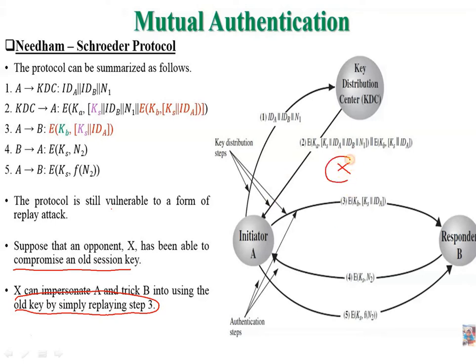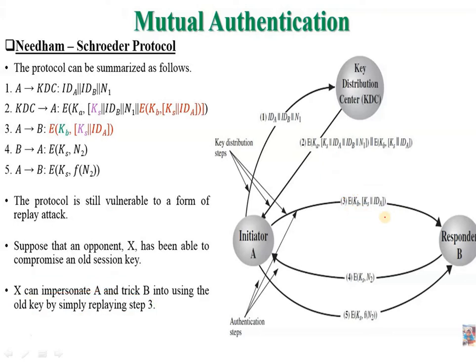When A wants to communicate with B, A sends this information to B. X can take this information and copy it: the session key, the identity of A, and the master key of B.